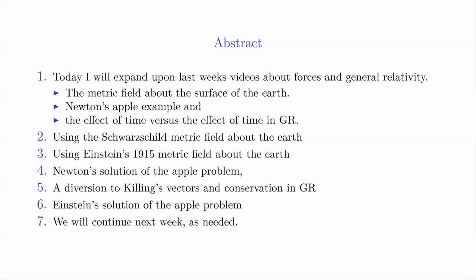Then we'll talk about Einstein's 1915 metric field, the one that he used showing the perihelion of Mercury, showed the orbits of the planets around the sun, did the calculation for light beam going close to the surface of the sun, and all of these made the assumption that there was no curvature in space.